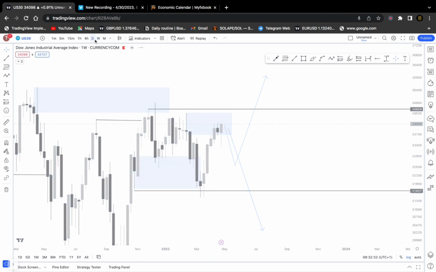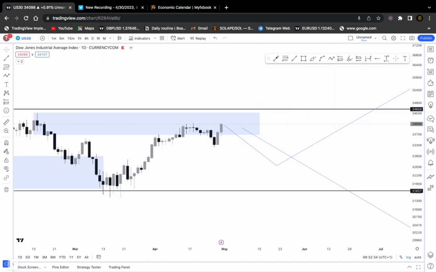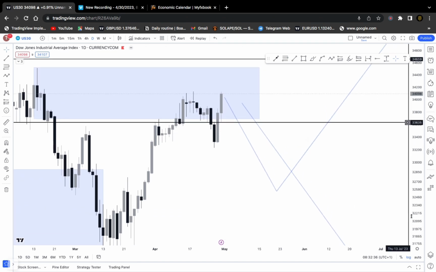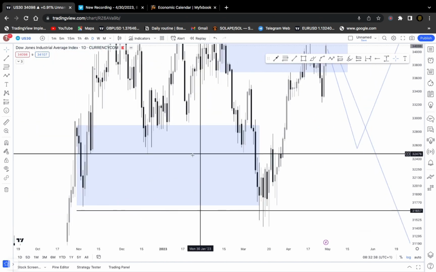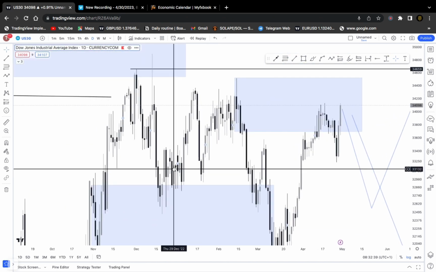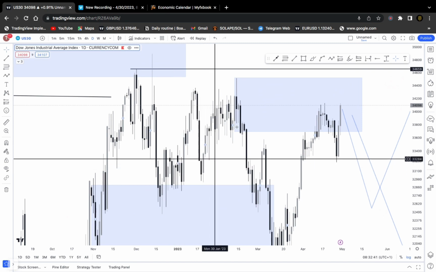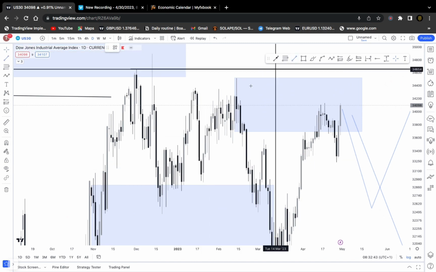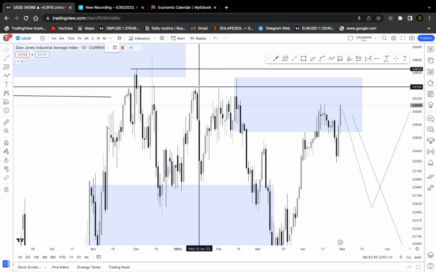I head on to the daily time frame to get more insight of what to expect on the chart. On the daily time frame, we could understand that we have lots of liquidity. US30 is fond of creating liquidity, and the market will always take out liquidity that's created on US30.